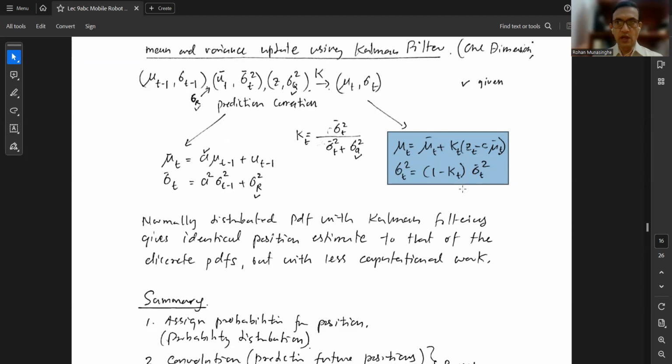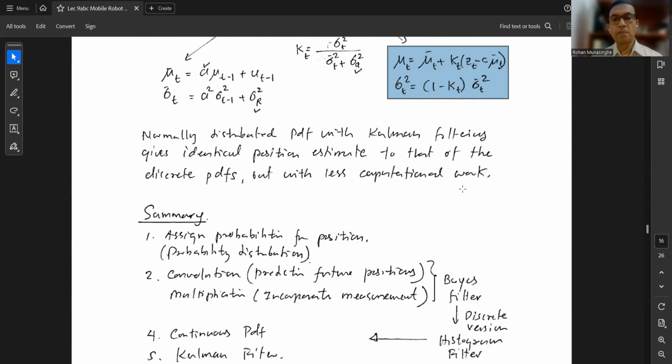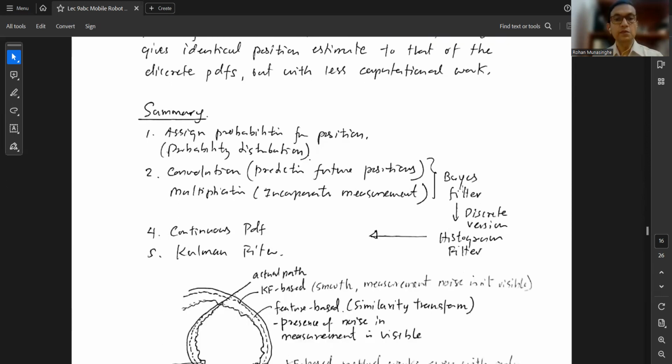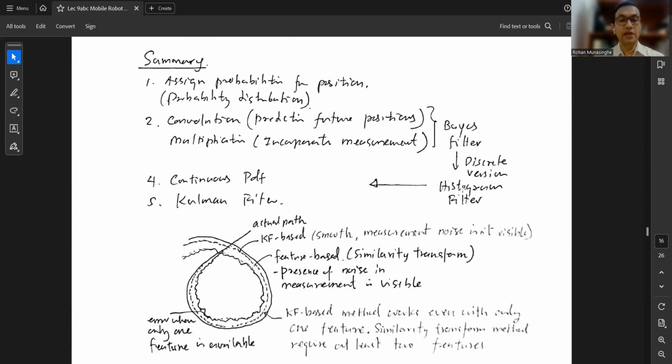If you have the overall understanding and you know why it is happening like that, how the probability distribution function gets narrower with the measurement and all that, I think you have covered almost everything we have discussed so far. A little summary up to that point is that you have to assign probabilities for position, a probability distribution.